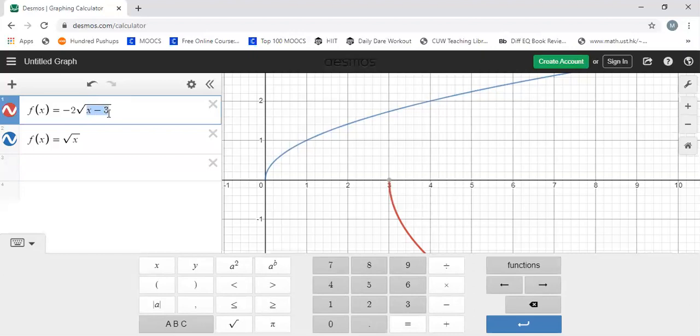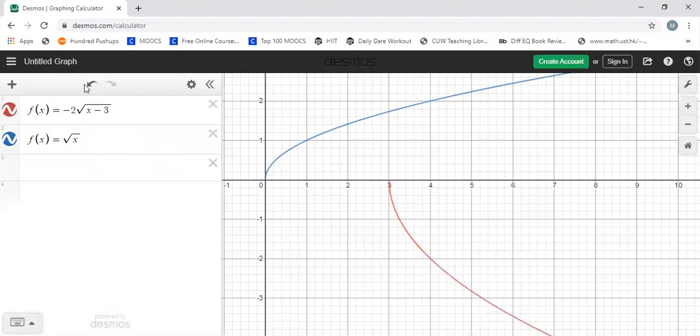You see that the x minus 3 actually moves it to the right 3, it moves it positive 3. If we had x plus 3, it would move it to the left 3. And so hopefully that's something that you recognized. All of that helps play into our domain and range.